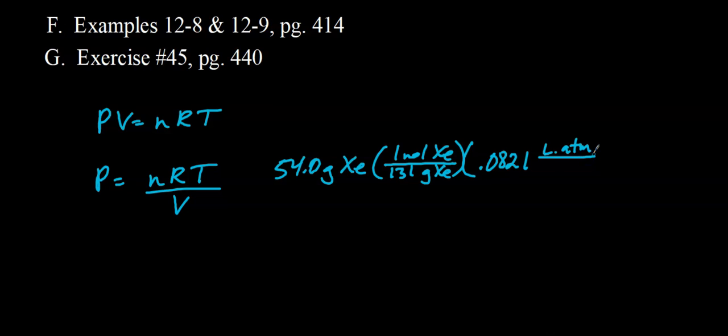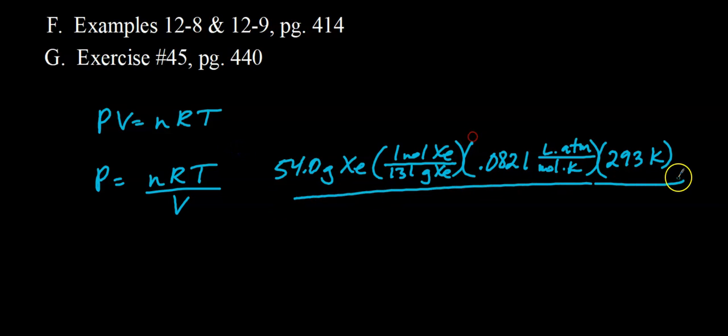That's this one, 0.0821 liter atmosphere per mole Kelvin. Temperature given to us in the problem, 20 degrees Celsius. Notice we have units here of Kelvin. So we need to convert that Celsius temperature to Kelvin. Take all of that and divide it by the volume. And the volume stated in the problem is 1 liter.